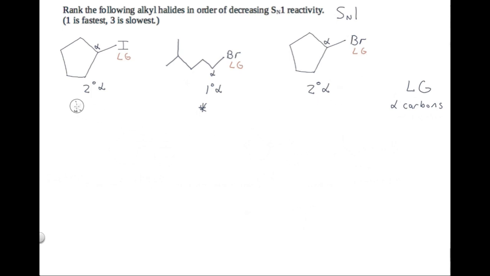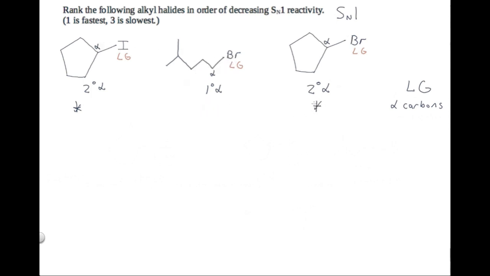That means that comparing this and this molecule is a poor comparison, because these differ in too many ways. The first and the second molecule have different leaving groups, and they also have different alpha carbons. Since they have both different leaving groups and different types of alpha carbons, they're going to be more difficult to compare. So let's not try to compare these two molecules unless we have to.